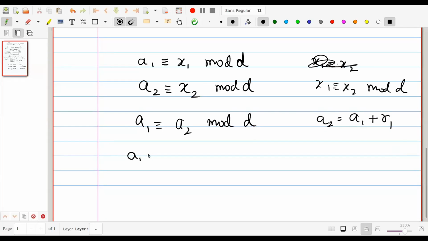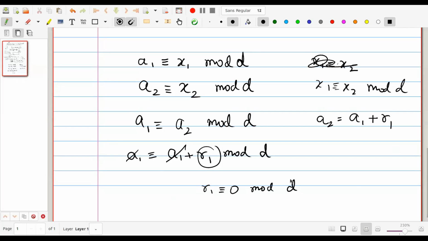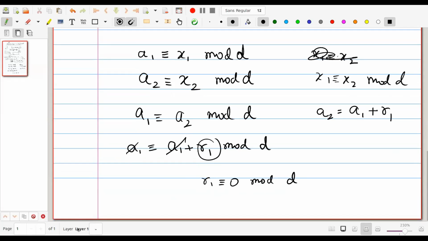So I have A of 1 is equivalent to A of 1 plus R1 mod D. So now I have R1 is equivalent to 0 mod D. What I did here is basically express A2 in terms of A1 and figured out that this R1 has to be 0.